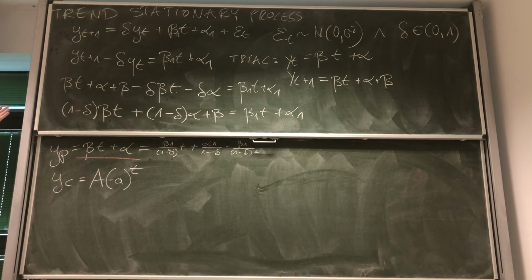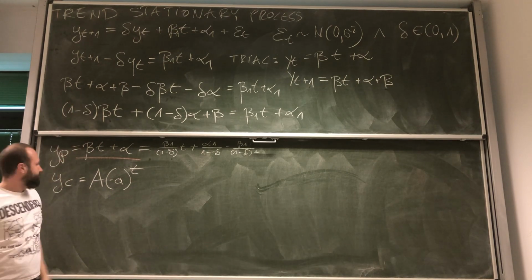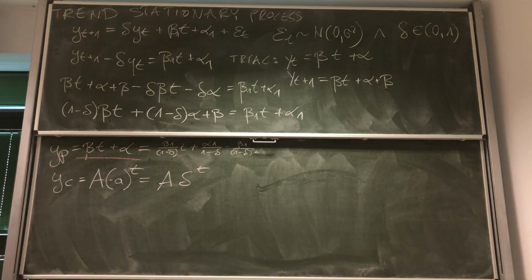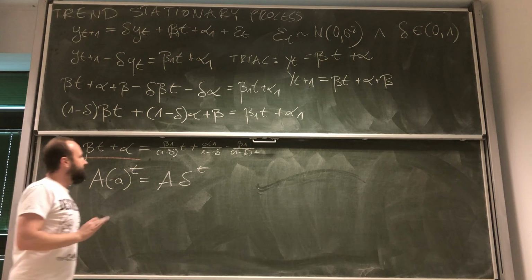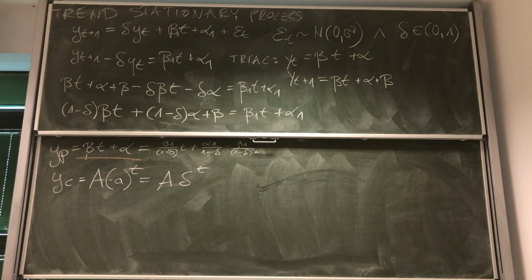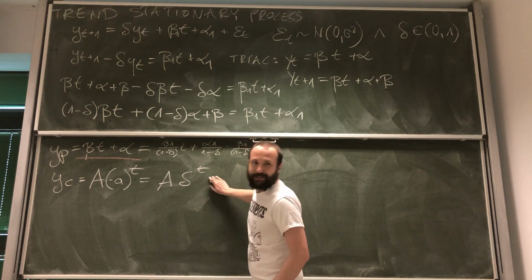Well, I would say that this is minus delta. So we've got a times delta to the power of t. And now, for the first time, we've got a complementary function that actually depends on t.